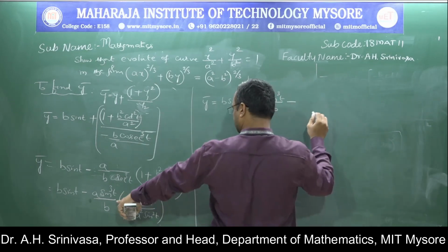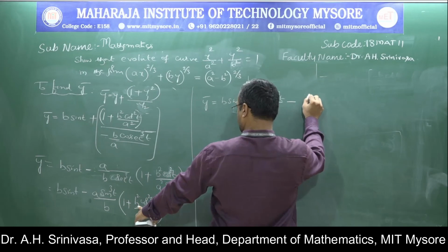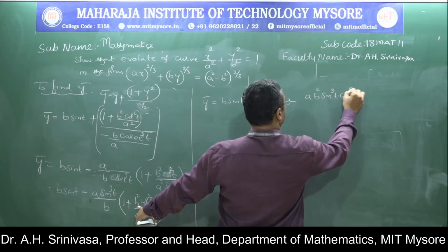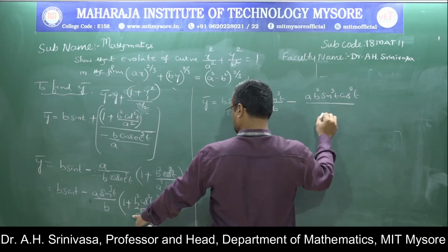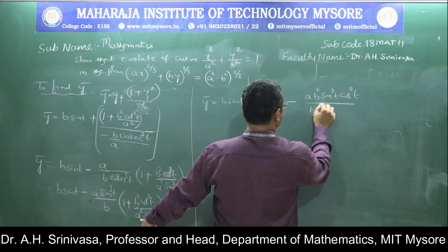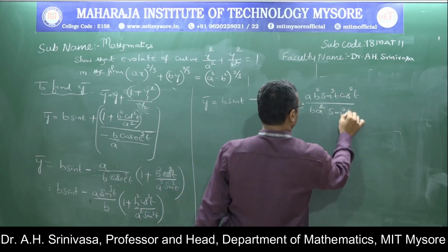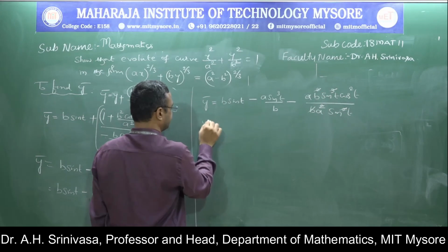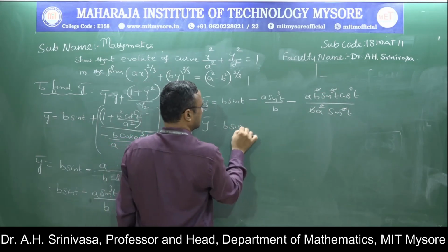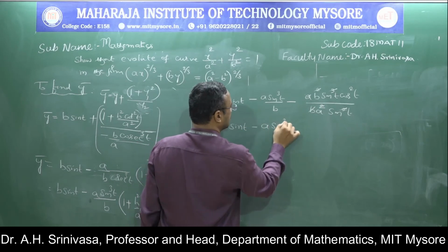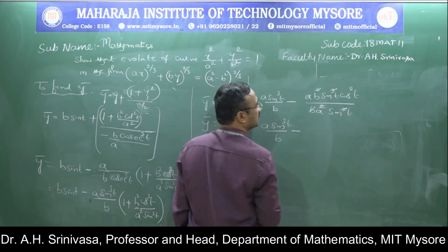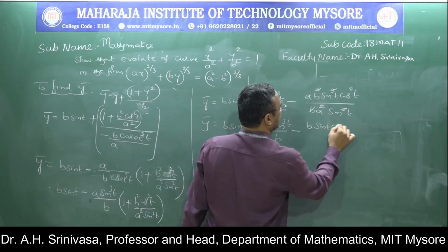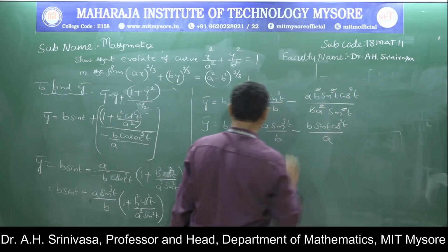I am writing directly: a b square sin cube t cos square t, all divided by b a square sin square t. So b sin t minus a sin cube t by b minus, one of the b, then sin t, cos square t, all divided by a.